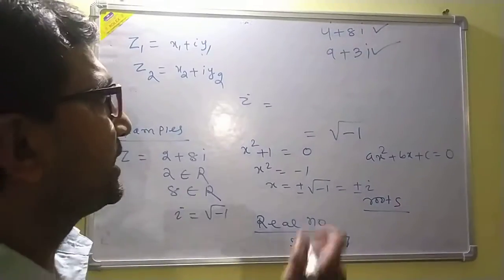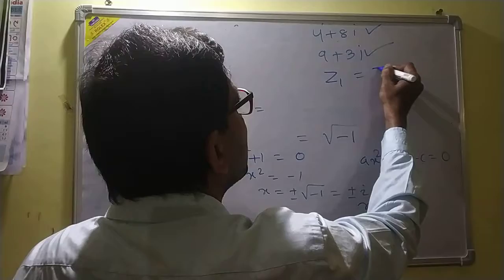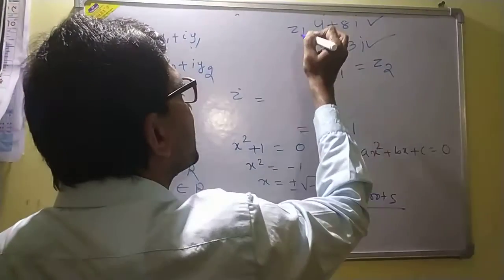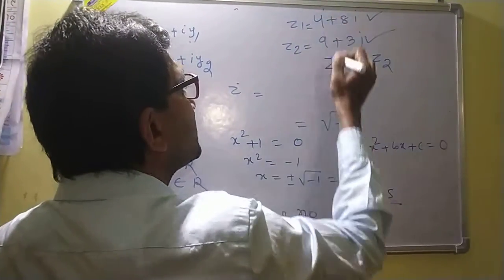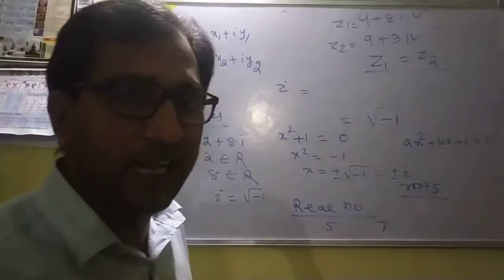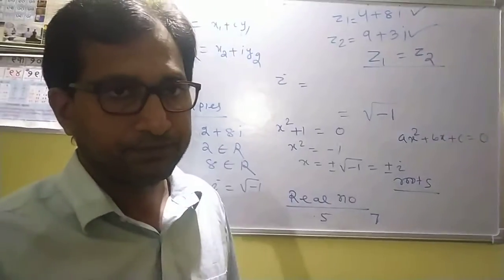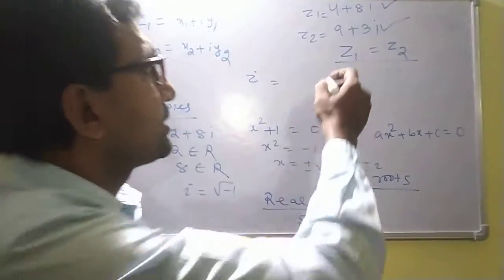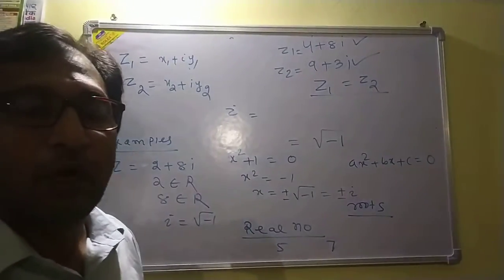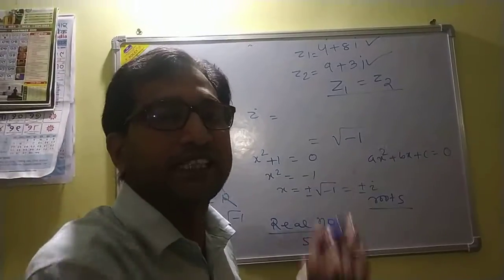Only we can say Z1 equal to Z2. If it is Z1, if it is Z2, then Z1 equal to Z2 means that equate the real part, equate the imaginary part. So in complex number, the order axiom property does not satisfy.